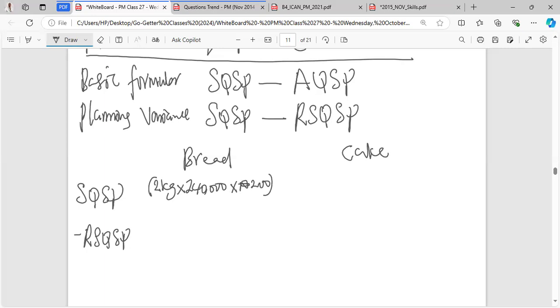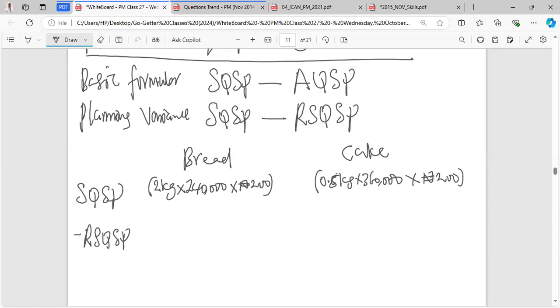Now, if you go to cake, we had 0.5 kg multiplied by 360. 360 was done. Then the price was 200 for the flour.